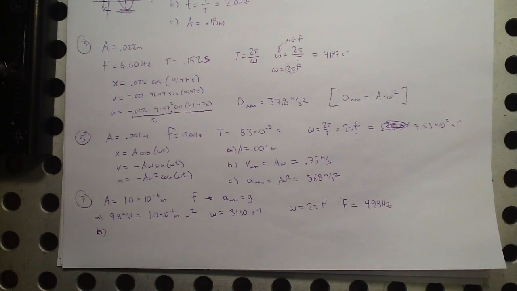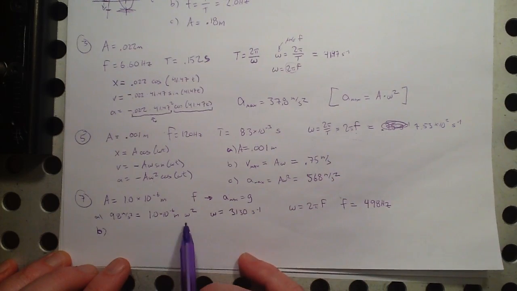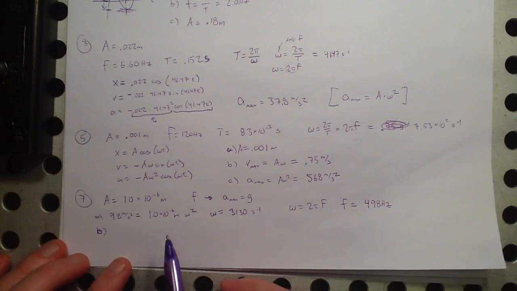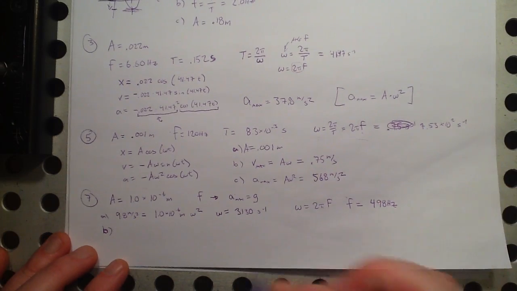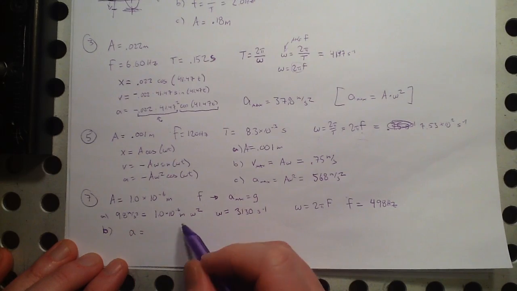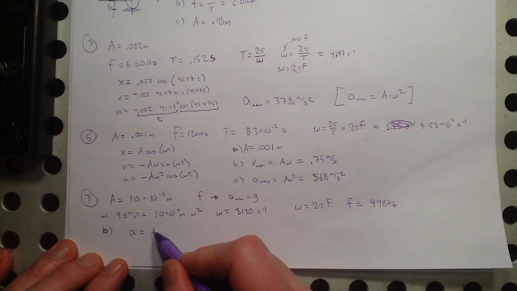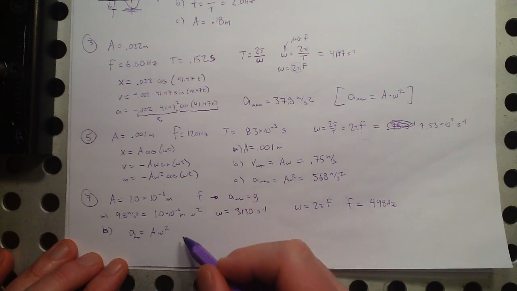Part B, for greater frequencies, is a greater than or less than g? So let's figure that out. What happens to a if we increase f? What was the relationship here? The a max is equal to A omega squared, right?